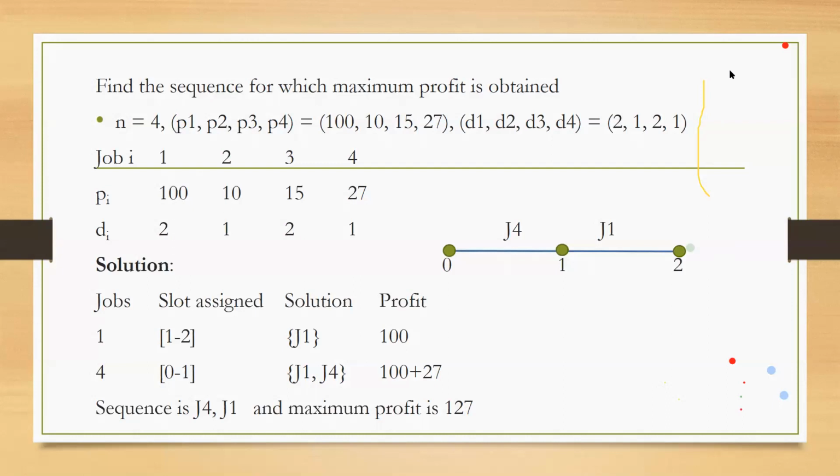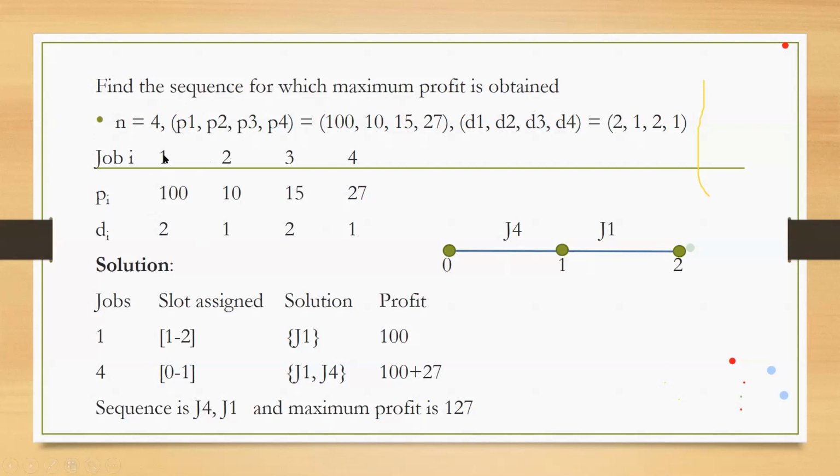And the deadlines are D1, D2, D3 and D4: 2, 1, 2, 1. The same thing I have written using this table. Job i, that is job 1, 2, 3, 4. These are the 4 jobs. Profits 100, 10, 15 and 27. Deadlines 2, 1, 2 and 1.